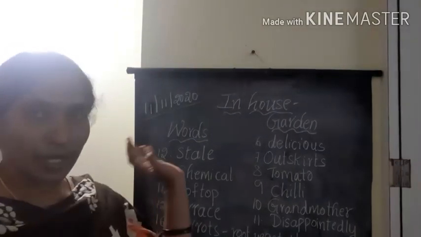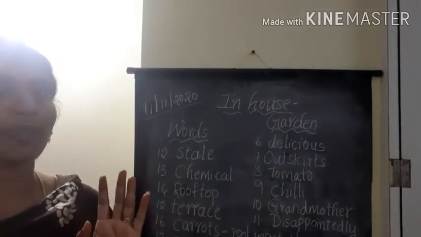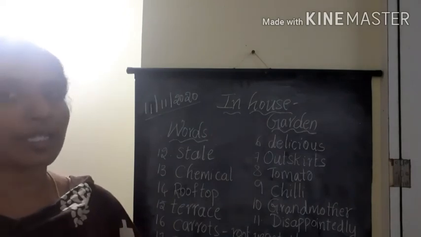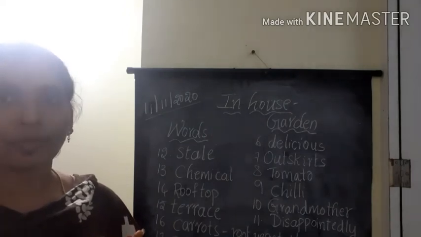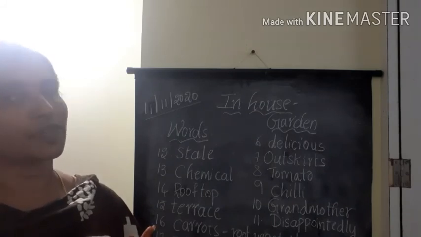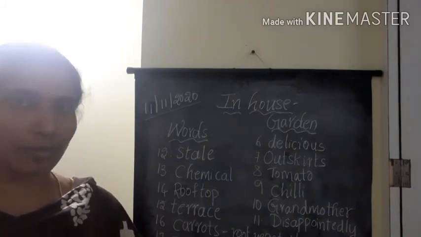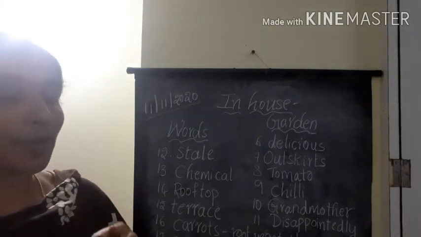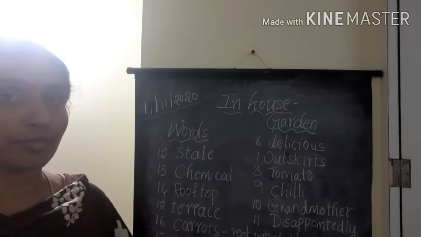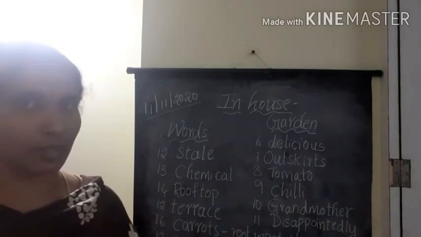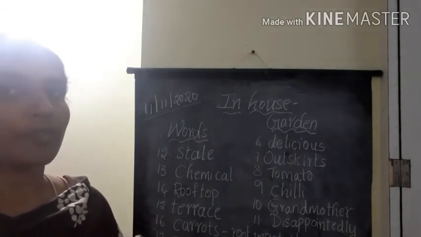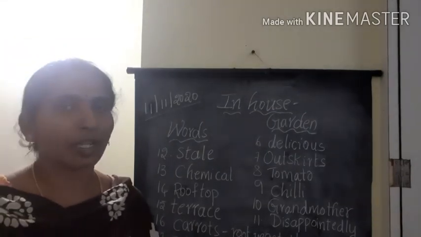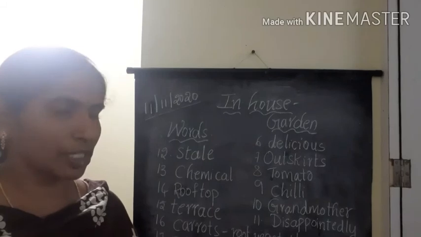Yes children, in this lesson we talked about a girl, Patty, who came to her grandmother's house. In order to scare grandmother, she was jumping over the plants like tomato and chili plants in the veranda. Understand? And she woke up to the delicious smell from the kitchen.